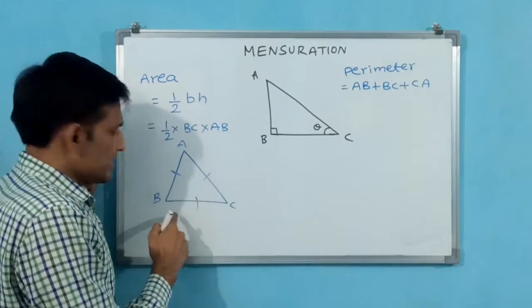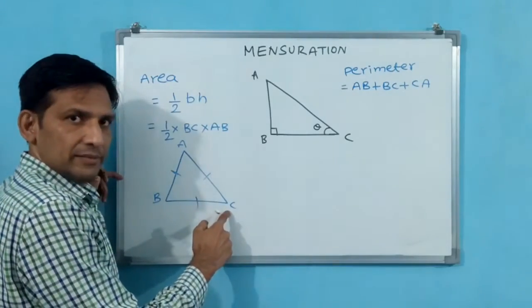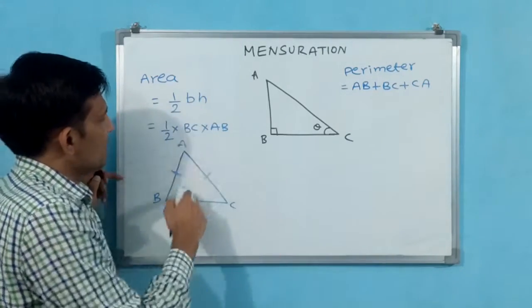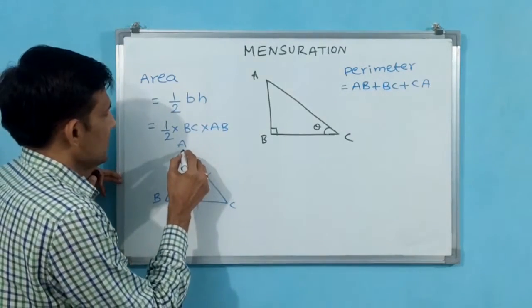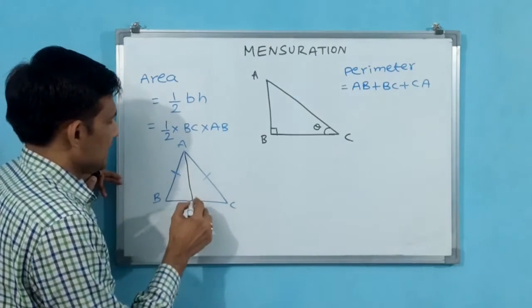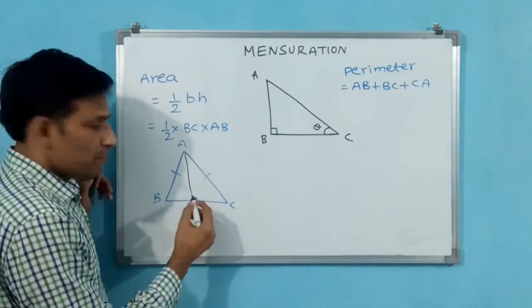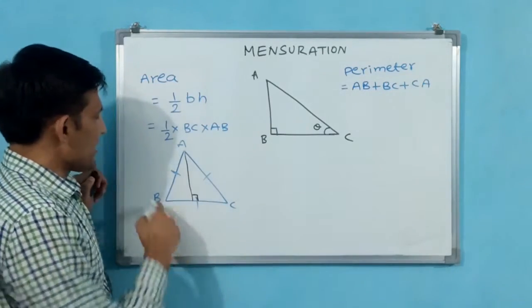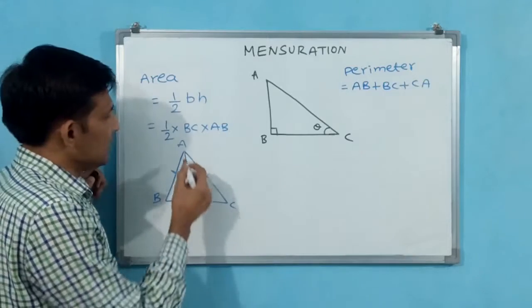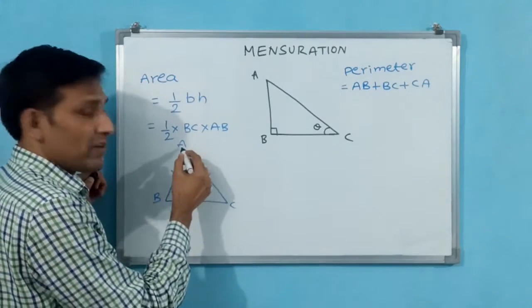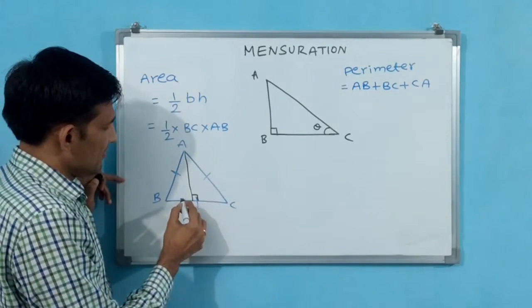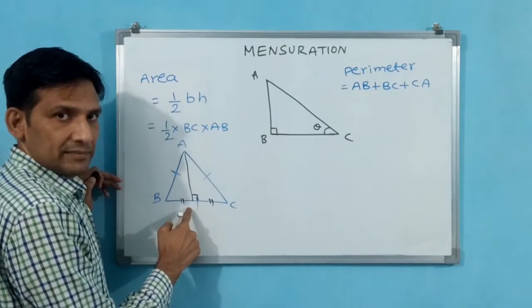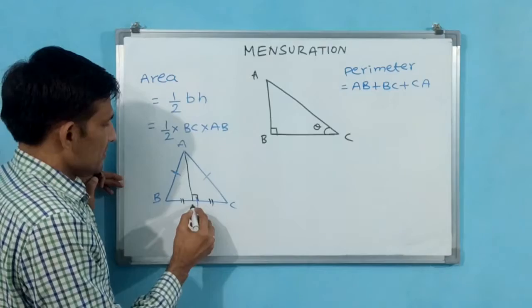For equilateral triangle, BC is the base. But what about height? Height we have to find. You take a perpendicular line touching BC. Automatically for an equilateral triangle, the perpendicular from vertex A, this is called vertex, touches exactly the center.